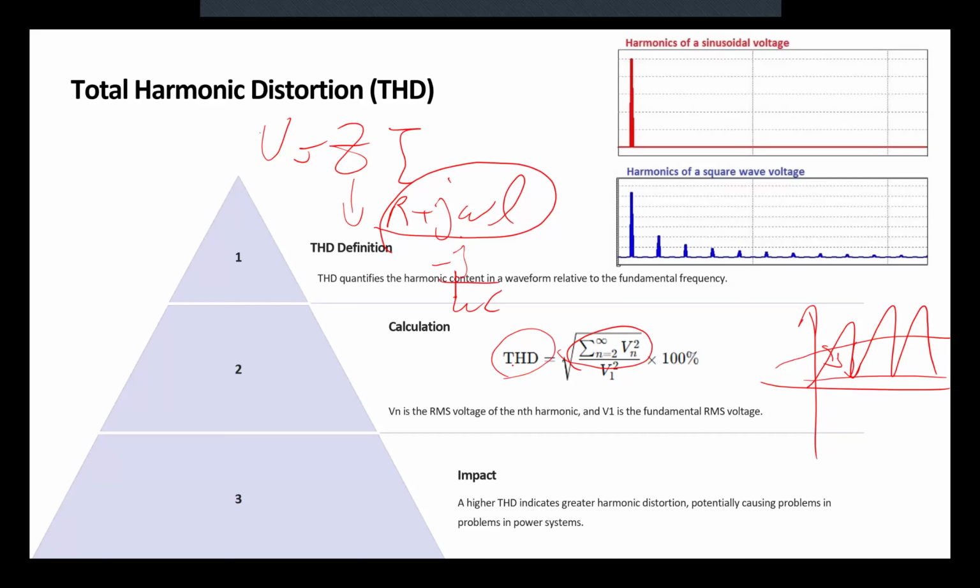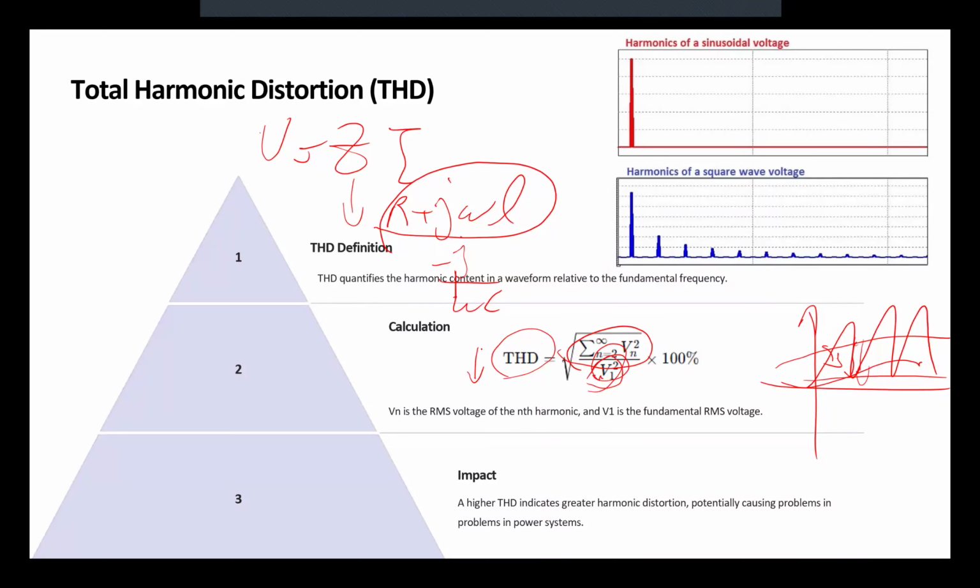Now that I have the fundamental in the denominator, the decrease in the modulation index causes a decrease in the fundamental, which cancels out the effect of such a technique on decreasing the THD.